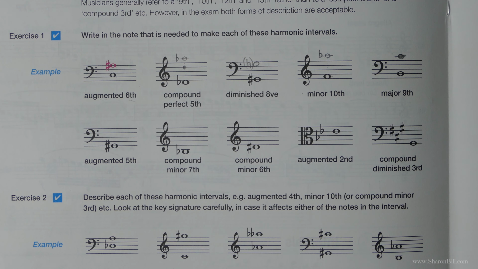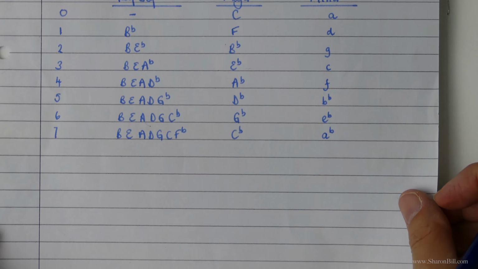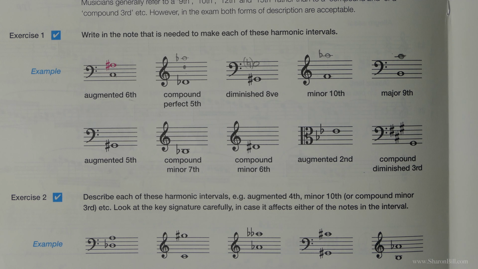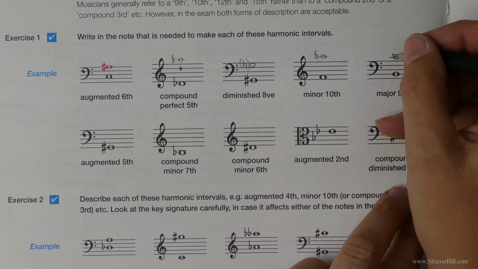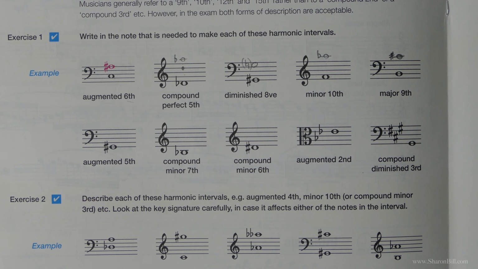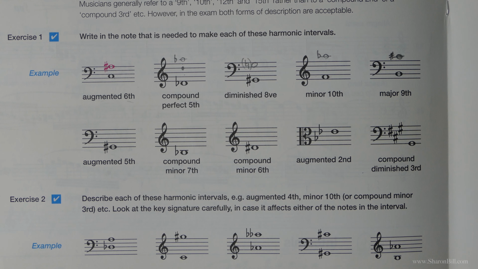It's always helpful to have your key signatures, your circle of fifths all written to hand, and that way you can keep checking what that key signature would include. And B major would have a C sharp, and so we need to add the sharp to make that a major interval, part of the major scale.